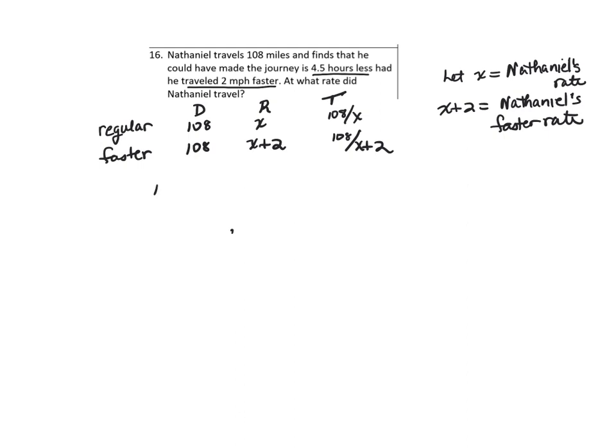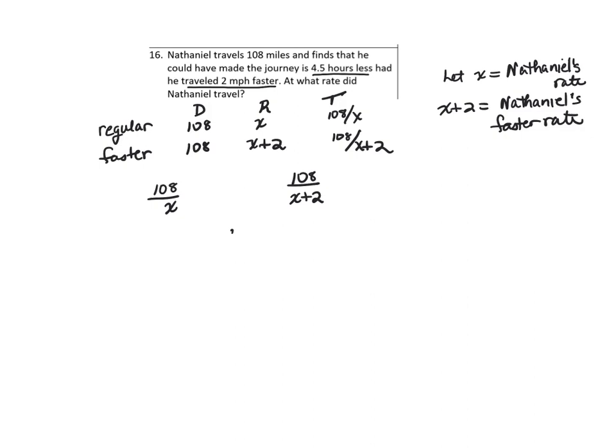So his time on his regular trip is 108 over x. His time on his faster trip is 108 over x plus 2. Now let's remember which number would be smaller. Well, the time that's smaller would be the faster trip. Or the bigger the denominator, the smaller the number.